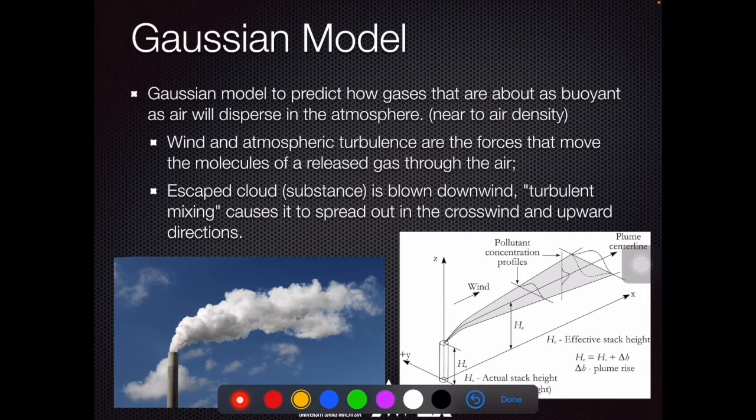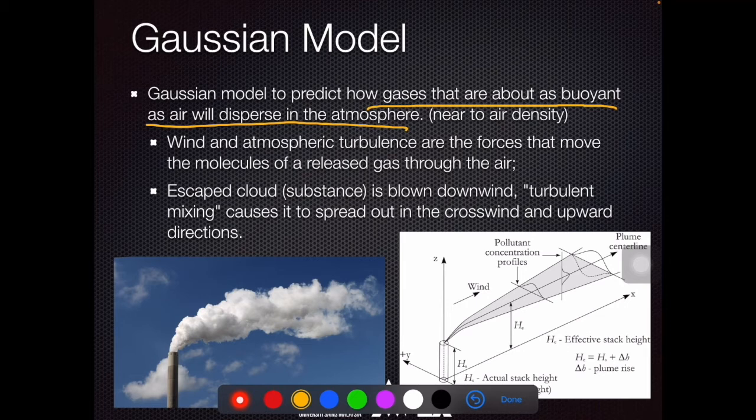Normally, consequence modeling uses a Gaussian model. A Gaussian model is a model of how we predict gases about as buoyant as air will disperse in the atmosphere. This can be heavy gases, jet gases, or neutral gases.